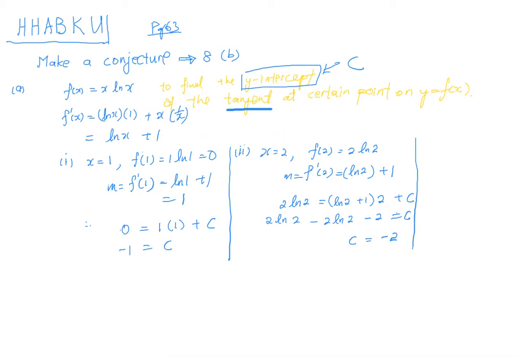So now, part 3, x equal to 3. So f(3) equal to 3 ln 3. f prime 3 equal to ln 3 plus 1.